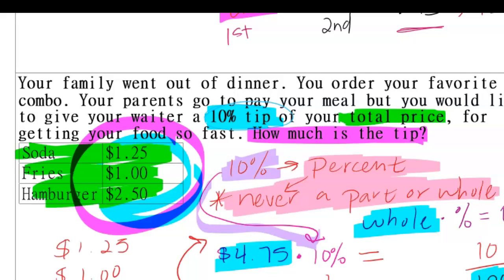Always. Okay, so you should get 0.1. So you bring it down times 0.1. Bring down that $4.75. Can't stress this enough. Make sure you write in your arrows. I want to see arrows. I want to know how you brought down that information.